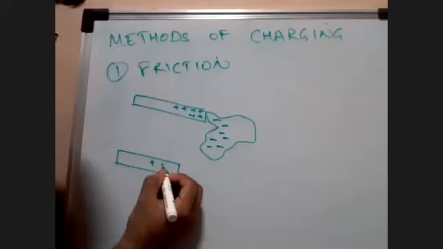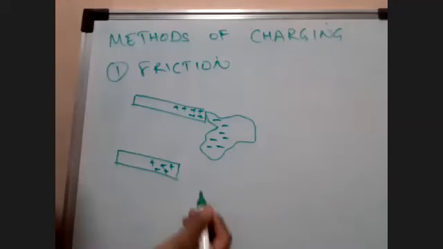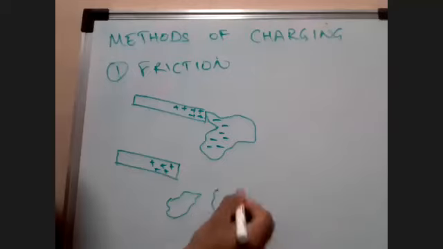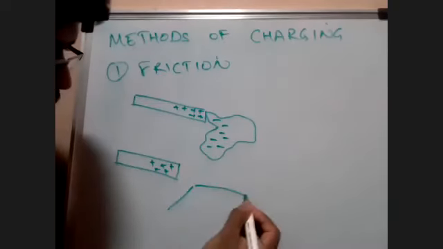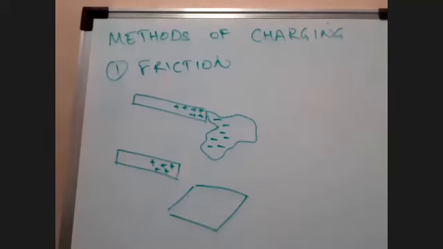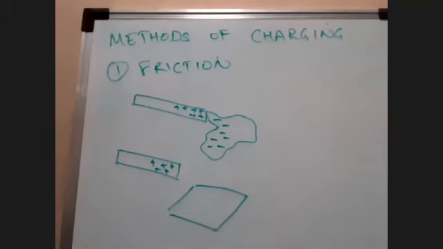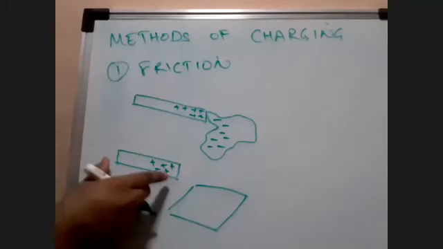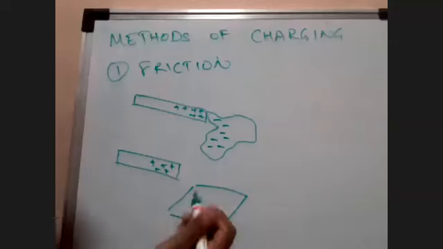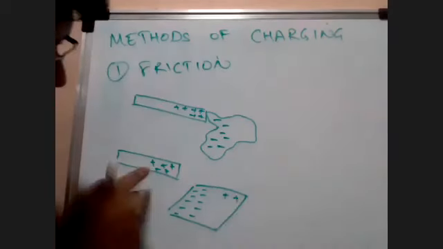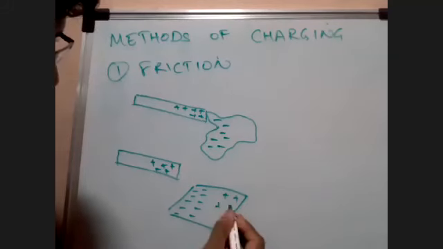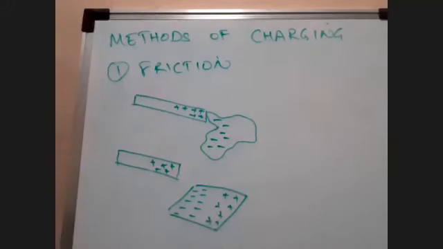Now if you take this rod against pieces of paper, let's just consider a big piece of paper. When you bring this glass rod next to the paper, it is going to attract all the electrons of the paper towards this side, and all the positive charges will be repelled because of the positive charge on the rod.